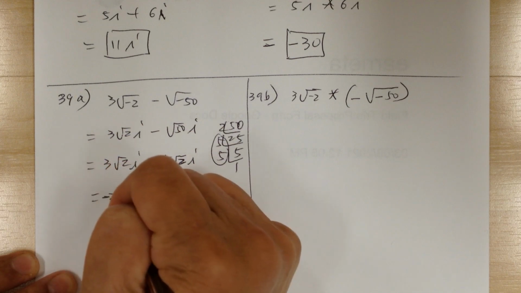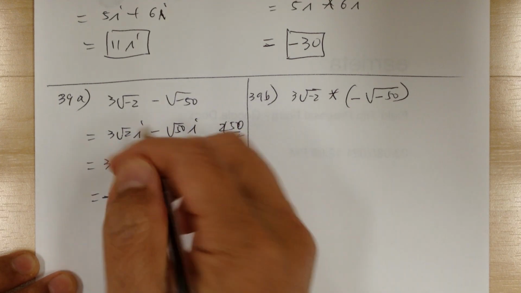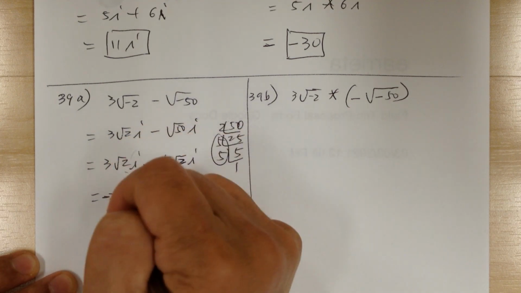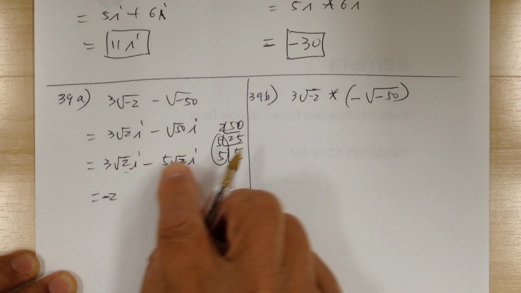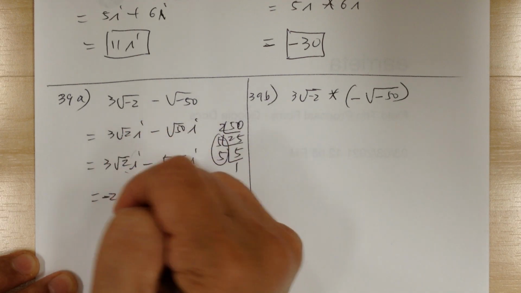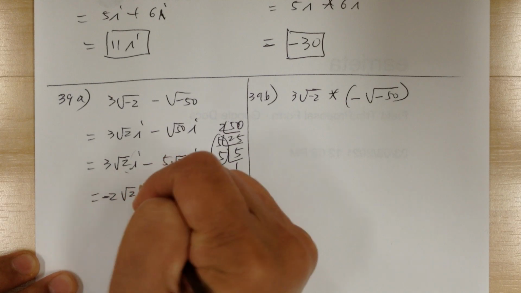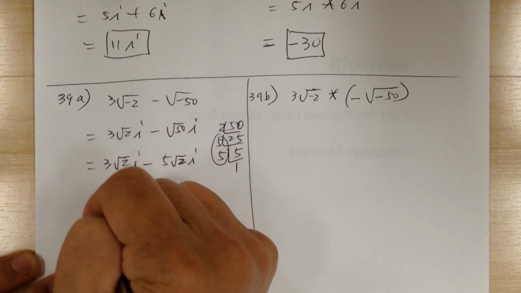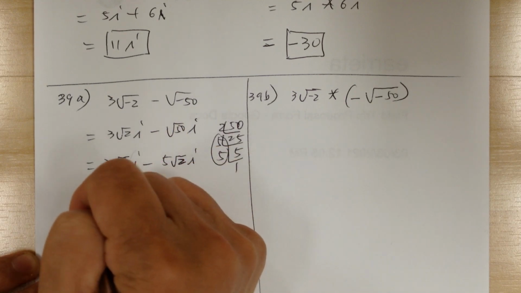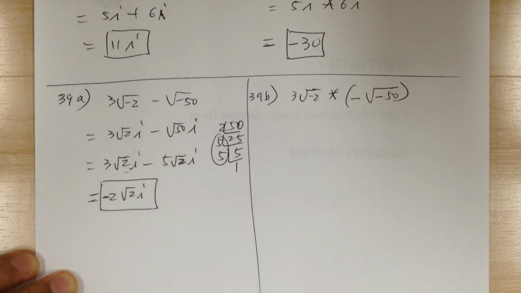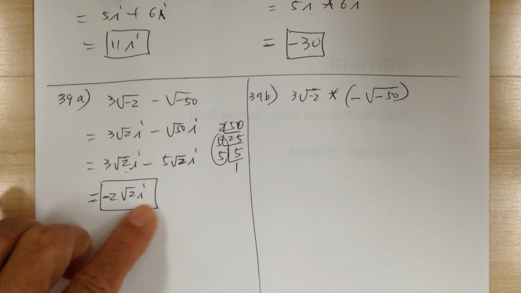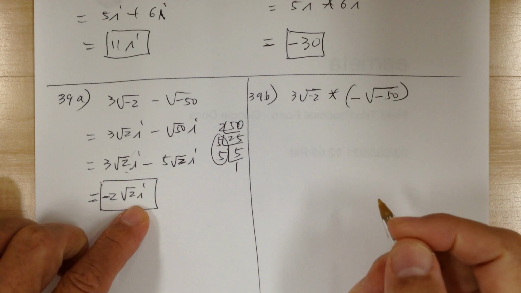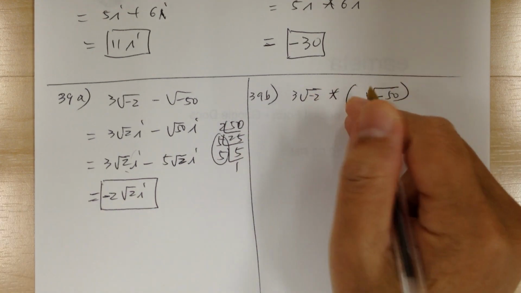So it'd be negative 2, and everything else treated like a variable. So think of it like x. Think of 3x minus 5x. You got negative 2x. So that's what that is. Okay, and that's it. So you can put the i in the back. I know in the answer you put i in the middle, but get in the habit of putting i in the back. Okay, that's going to take care of this one.